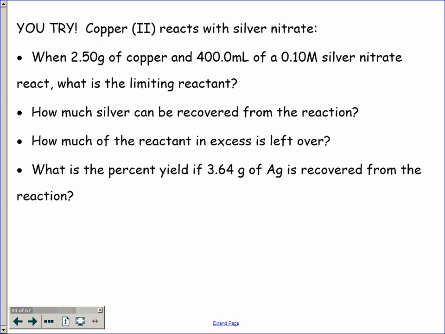So we got actual yield 6.64 divided by... I'm keeping my numbers big for now because I don't want rounding error. So don't worry about my sig figs right now.